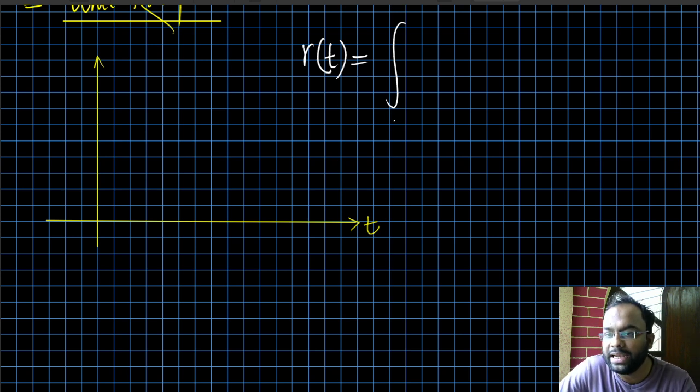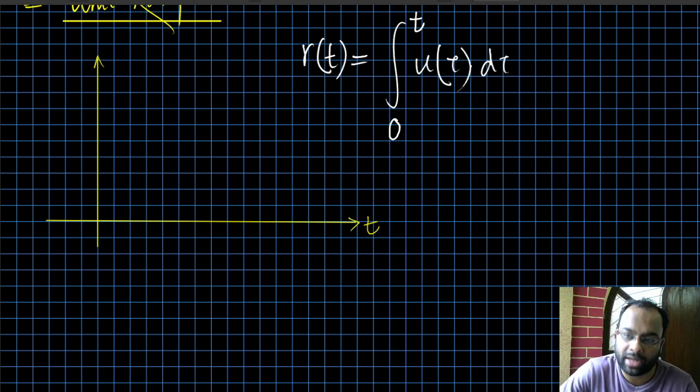Similarly, if we integrate the unit step function from 0 to t, with the dummy variable tau, this is called a unit ramp function.